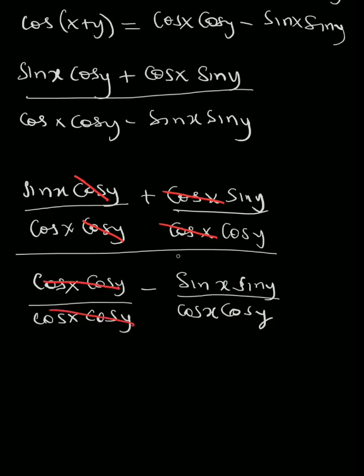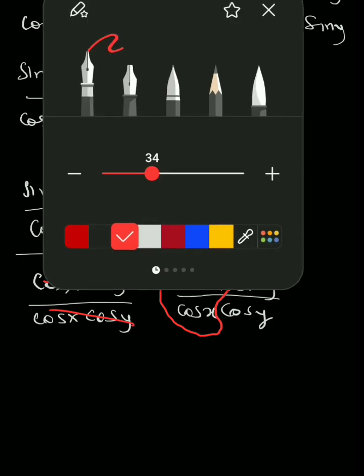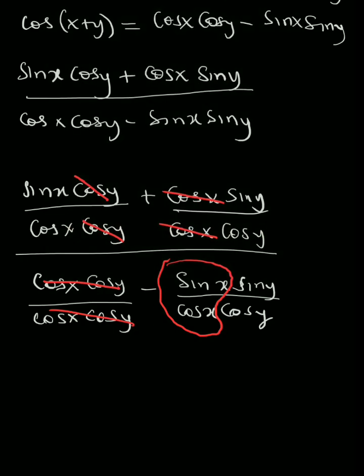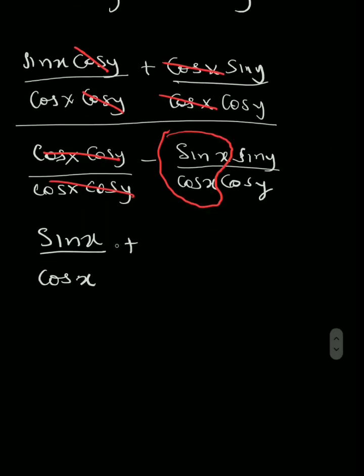But in this last part there's nothing that can be cancelled, so instead we can split it, so we have sin x over cos x separately, multiplying with sin y over cos y. With this done, our numerator ends up being sin x over cos x plus sin y over cos y.